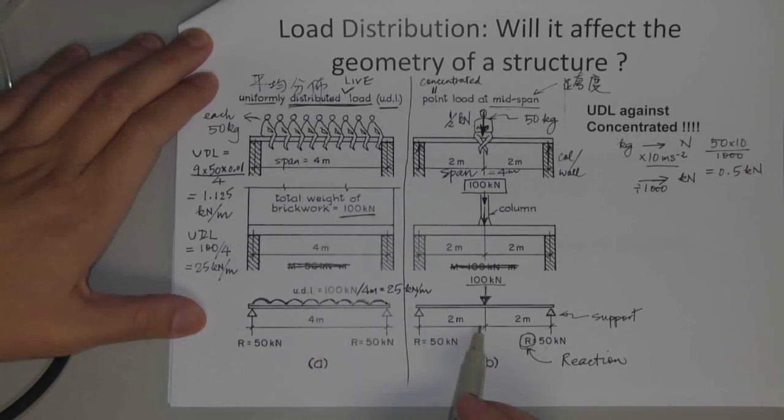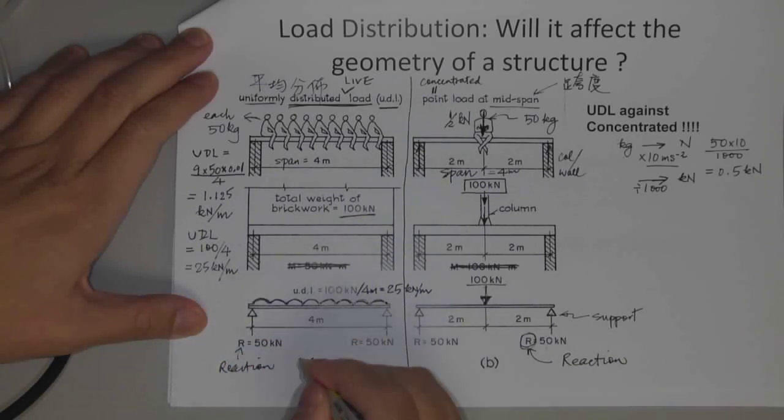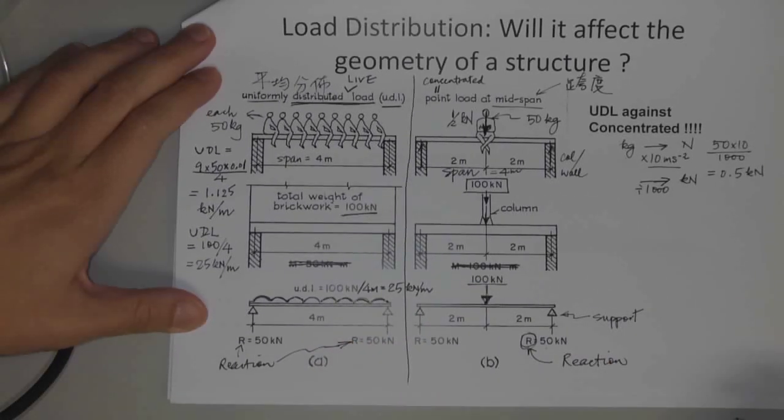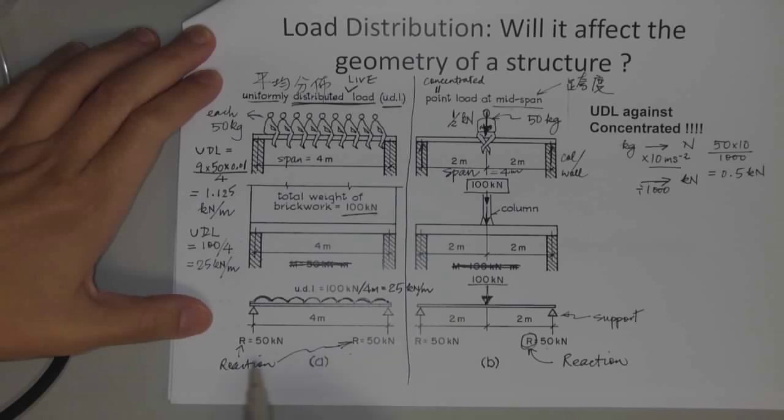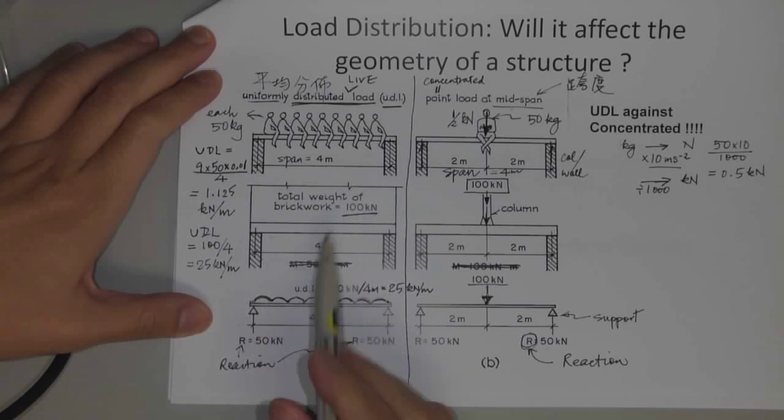And just like the concentrated load case, you can calculate the reaction at the support. Those reactions are very simple to get, right? 100 kilonewton is the total, and there are 2 supports, so you just divide by 2. So you got 50 each.